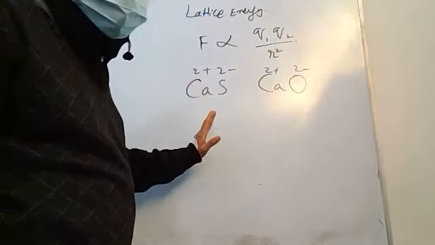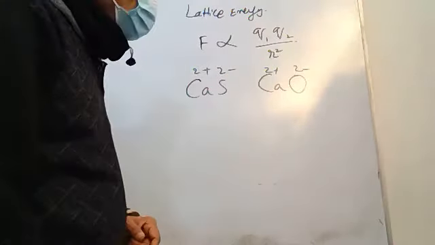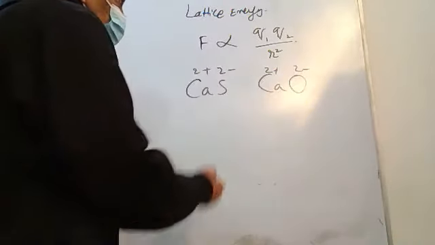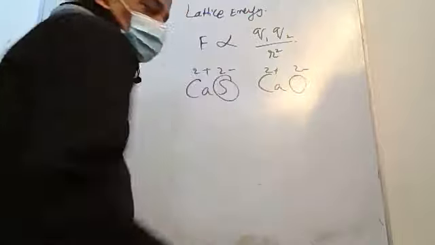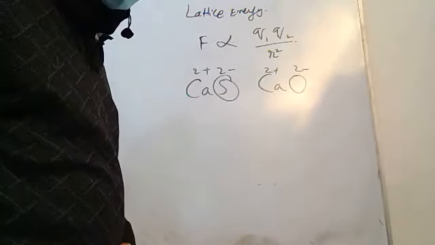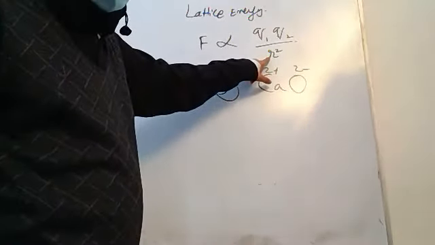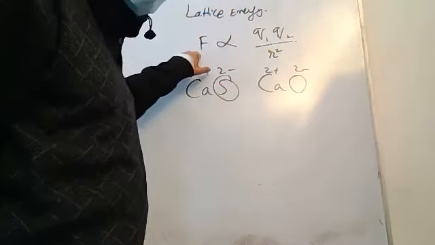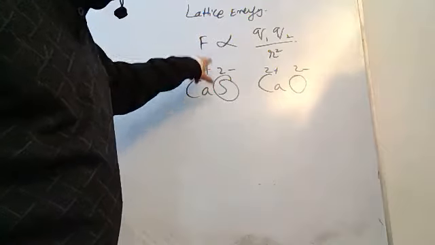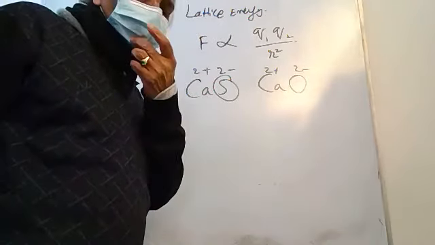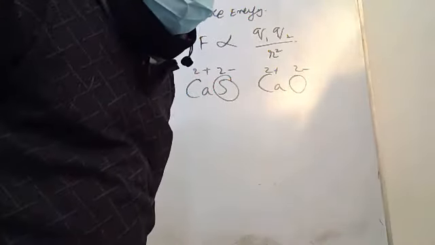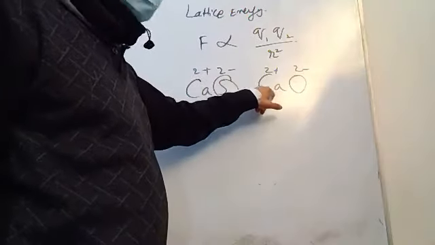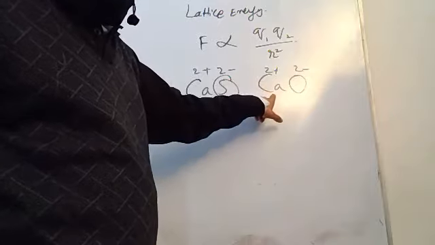You worry about size only if the charges are equal. So in the case of calcium sulfide and calcium oxide, charges are same, but sulfur is big compared to oxygen. What that means is the R value for calcium sulfide is high, which makes the force of attraction weaker. So calcium sulfide will have smaller lattice energy. In other words, the ionic strength is not as strong as it is in the calcium oxide.